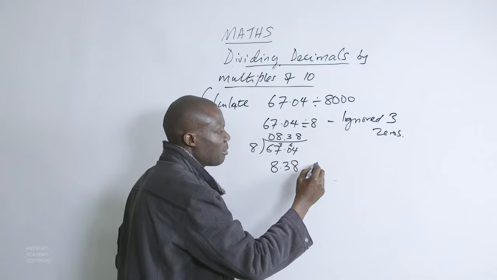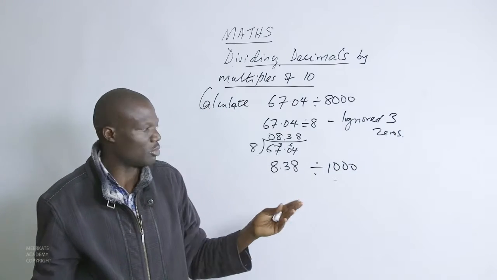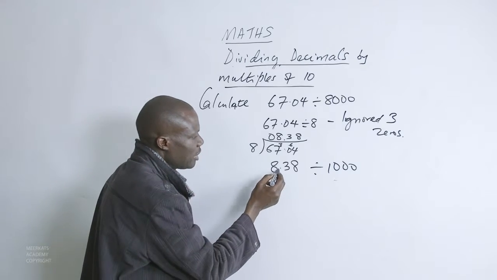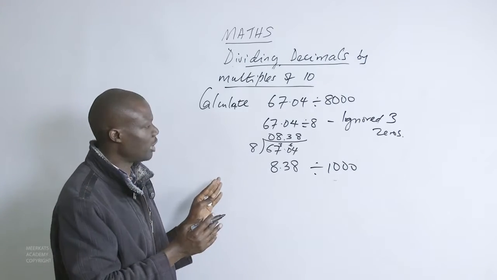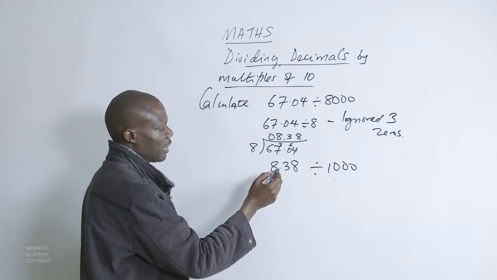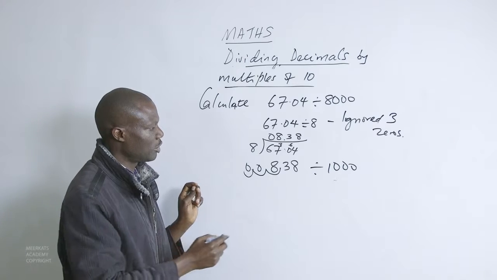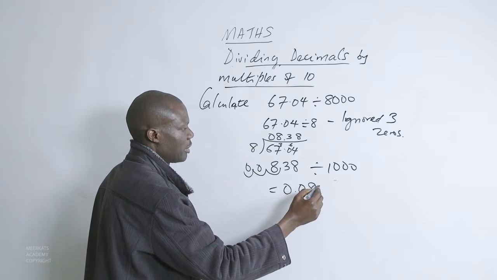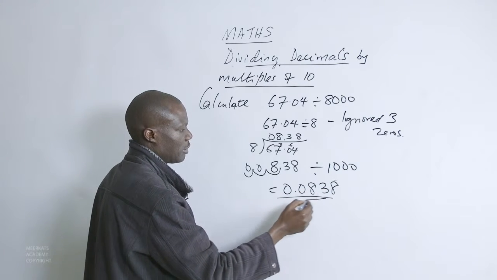Now we take this number and divide by 1,000. 1,000 is equivalent to the 3 zeros we left, so that's for a multiple of 10. So this decimal point will move to the left 3 times: 1, 2, and 3. So that we have 0.0838.